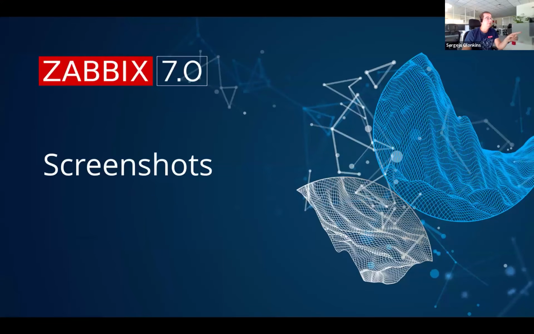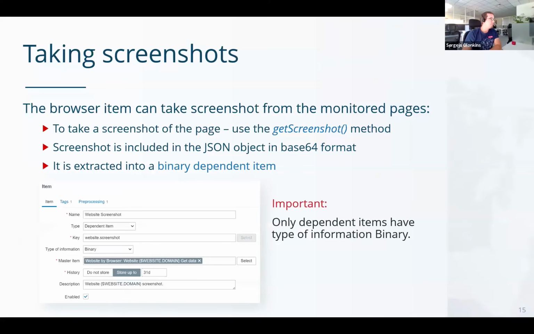Now, one cool feature of the browser item is that it's not only capable of retrieving some values, but it's also capable of retrieving the screenshots of the opened page in your browser. To get a screenshot of the browser, you need to use the getScreenshot method. As a result, you will get a base64 encoded value.